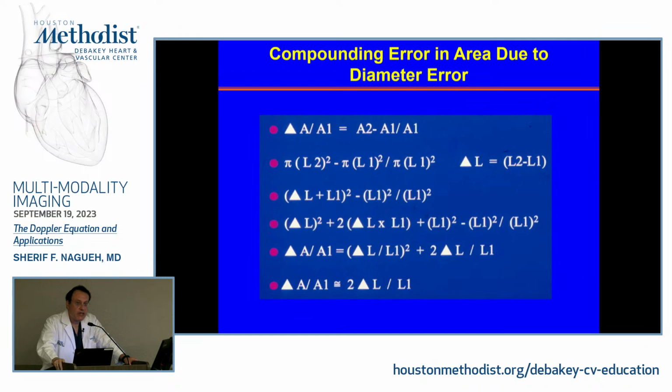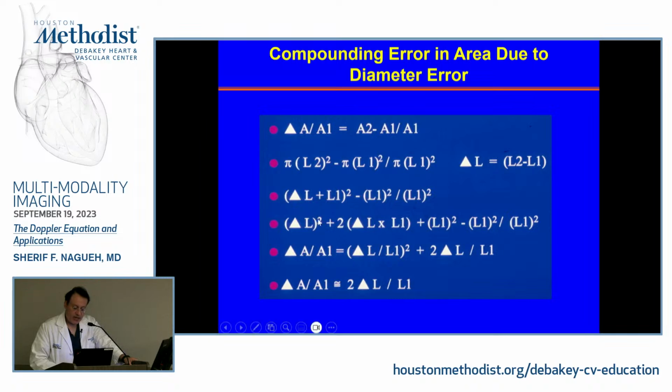A question that is frequently asked is how much a diameter error translates to an error in the area. Like if the diameter is 2.1 and I measure it 2 or 1.9, how much does that translate to an area? Most people think of the expression of pi r squared and they think it's squared. It is not. That's a simple algebra approach to show you what it boils down to.